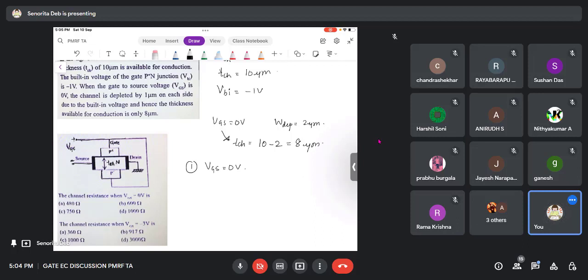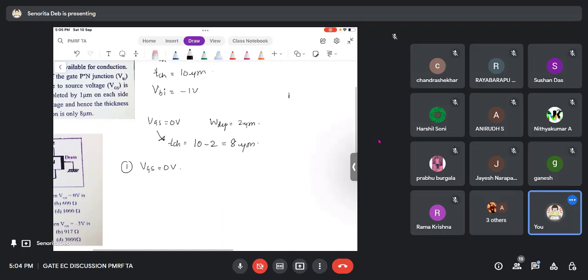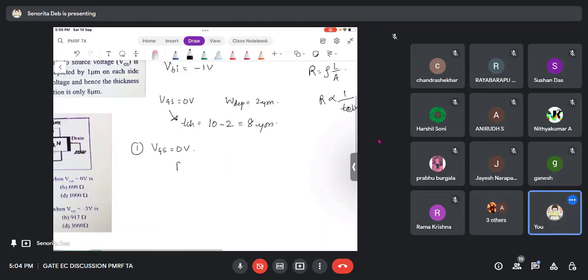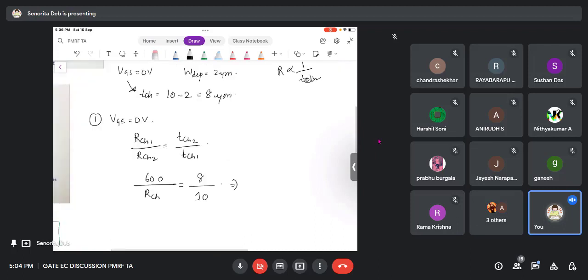R is rho L by A, so it is related inversely to thickness, right? So RCH1 by RCH2 will be equal to TCH2 by TCH1. Now RCH1 is given as 600, TCH2 is 8, TCH1 is 10. Then what is RCH2?